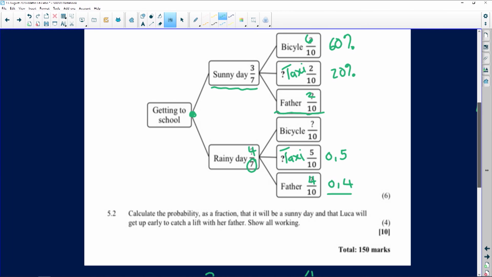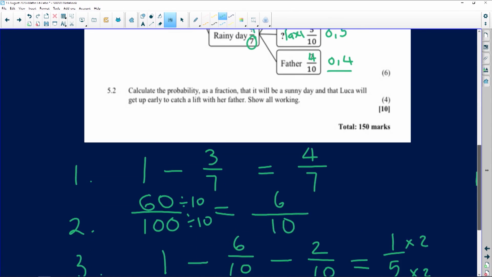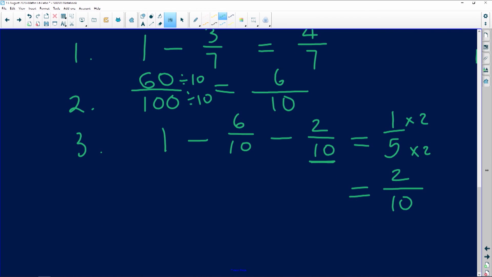And now I want to know what it's going to be in terms of the bicycle. I'm going to use my 1 method again. I want to be consistent so that I don't confuse you guys, okay? So let's see. I'm going to say 1 minus 5 over 10 minus 4 over 10. Okay, I don't like what I'm doing over there. It's not very neat.